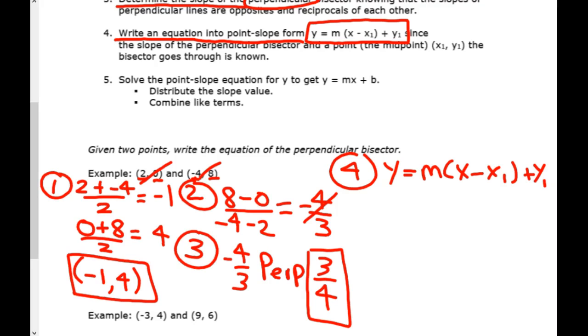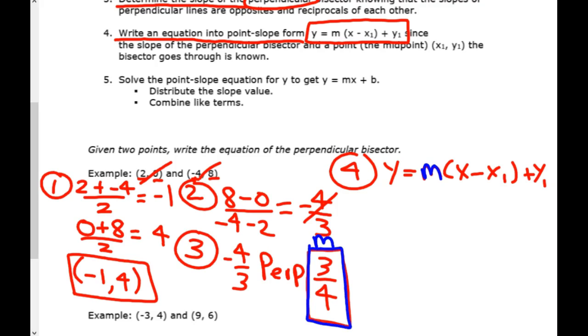Cool. So that's my point slope formula. All right, check it out. M. What does M usually stand for? Slope. What's the slope that I care about? 3 over 4. That's why I did this, right?